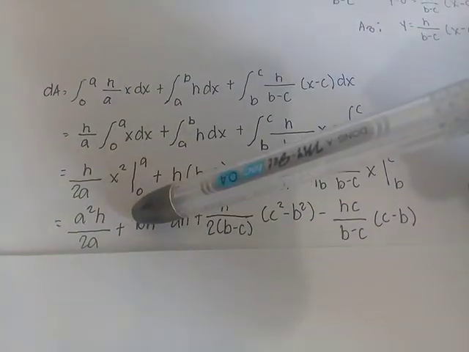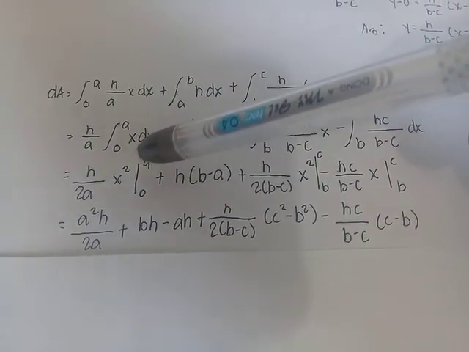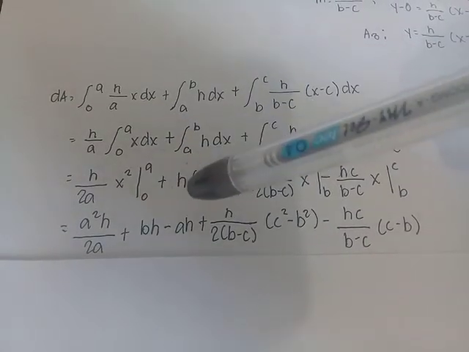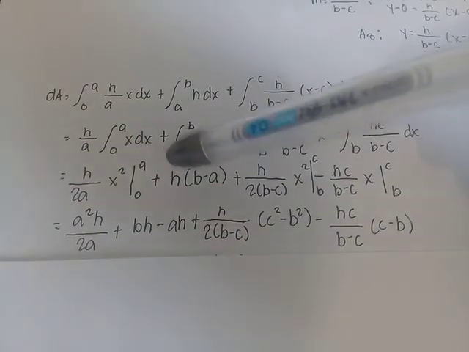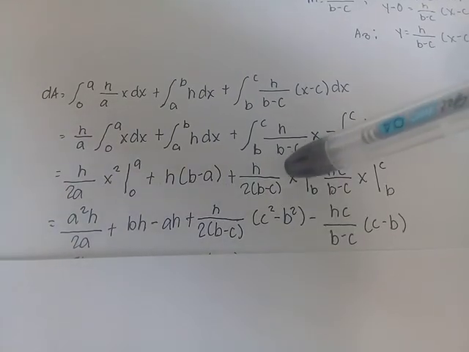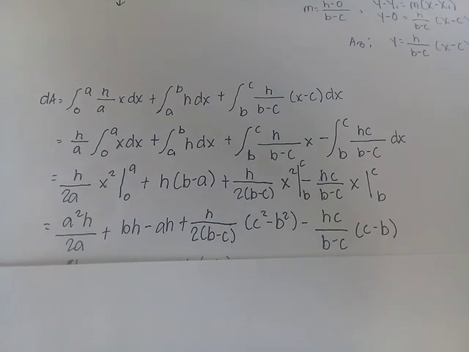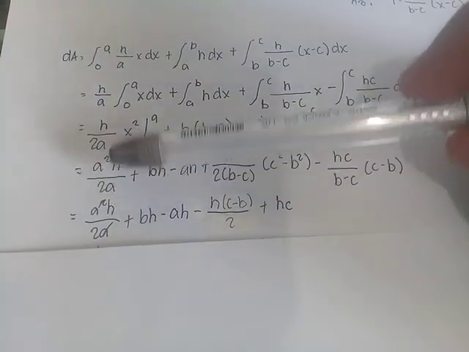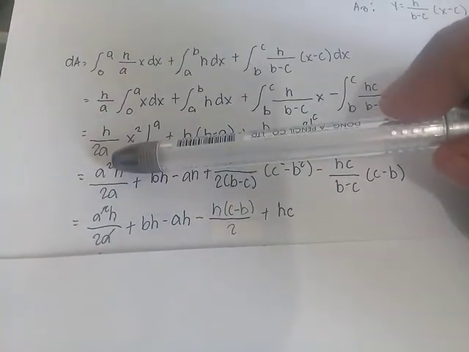So we have a squared h over 2a. We remember that we just substitute x with the upper and lower limits of the integrals, and it all applies here. So we multiply, and then substitute x with its upper and lower limits. Then we cancel, since this is a squared and a, and it will remain with a.